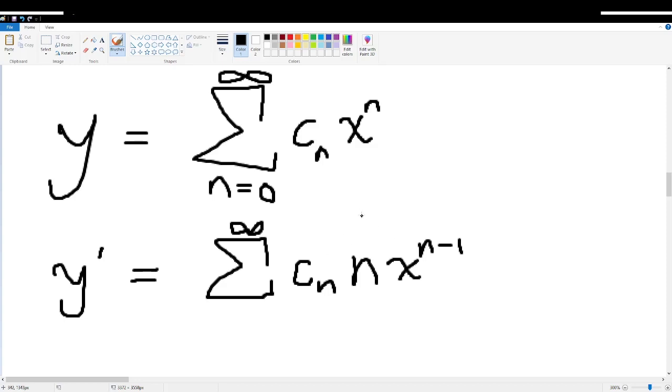But do keep in mind that the very first term of this is c0, a constant, and when you take its derivative, it is 0. So we do not need to include the 0th term in our derivative, so we shift our index up to n equals 1. And notice if we plug in n equals 1 over here, we get x to the 0, which means we're just going to have a first term as a constant, which is what we expect.